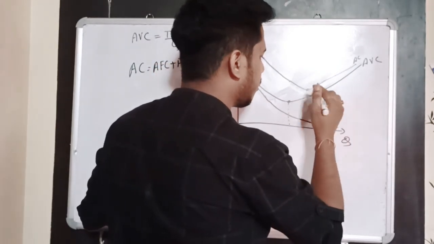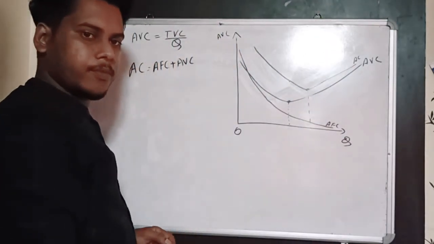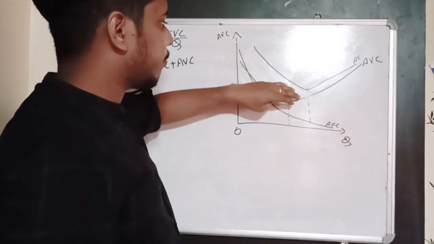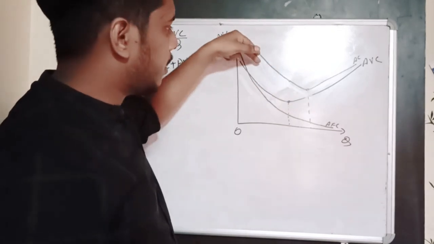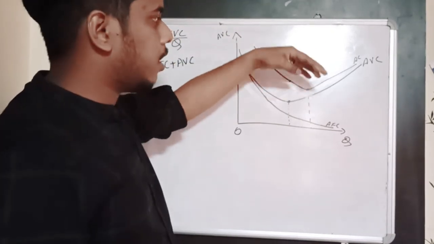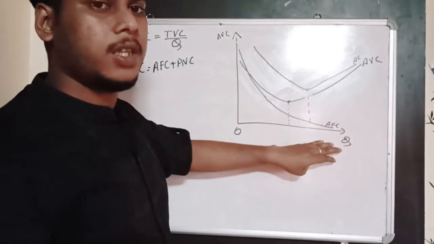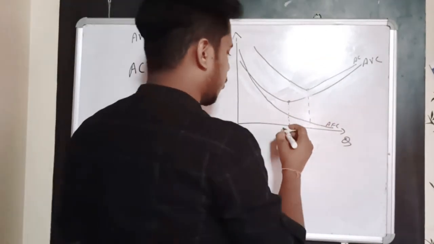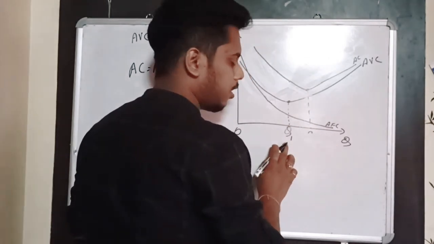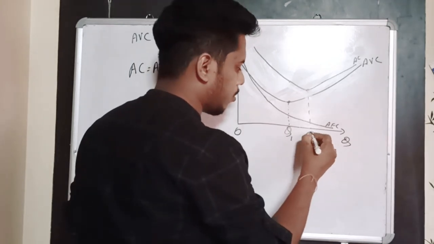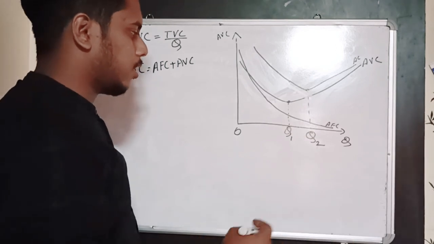So after this point AC goes up. Till this point, as both the components were falling, AC falls, reaches a minimum, and then it rises. Why does it rise? Because the rise in AVC overpowers the fall in AFC. So AVC reaches its minimum at Q1 and AC reaches its minimum at Q2, at a much larger amount of output.